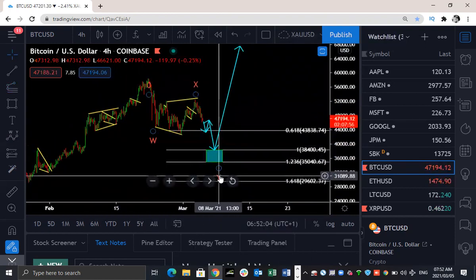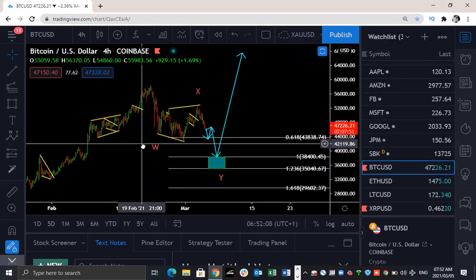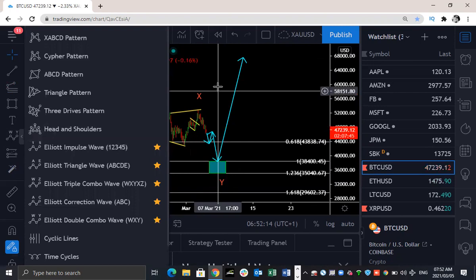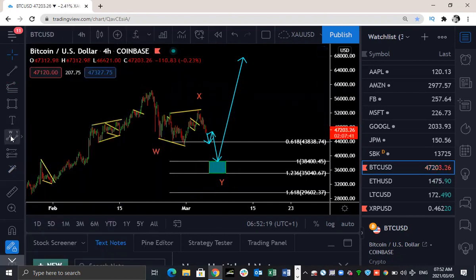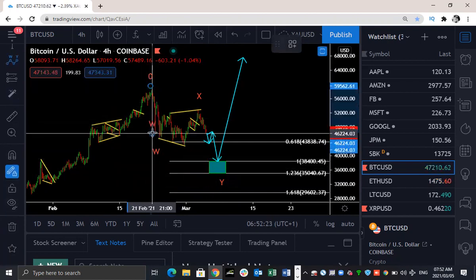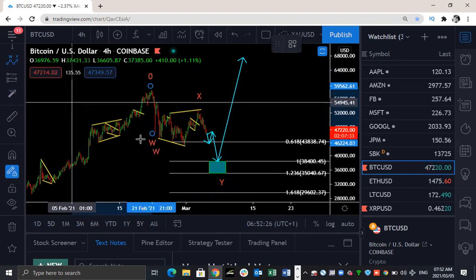And internally here, we're going to have another degree, which we'll look at as minute. Let's get that other degree. That will be another WXY structure as well. So we'll put this one as a W here, there's an X here. No, it's actually ABC.